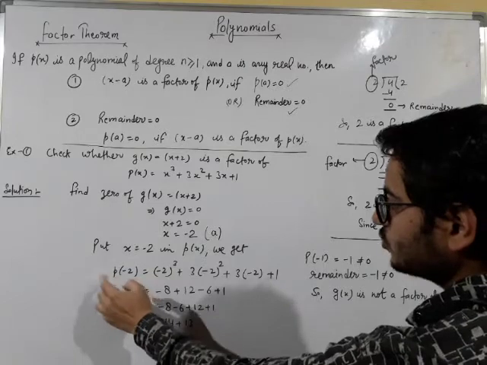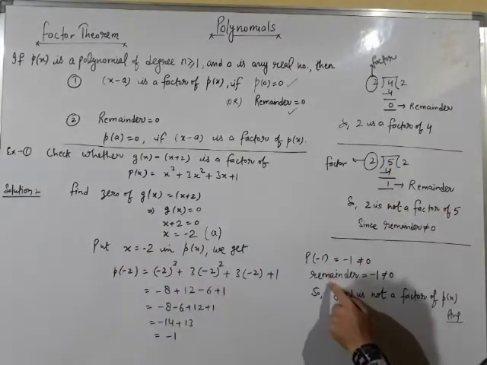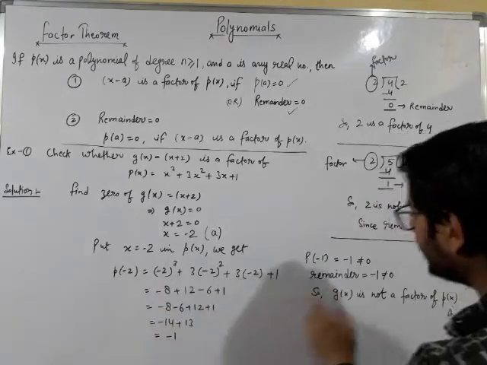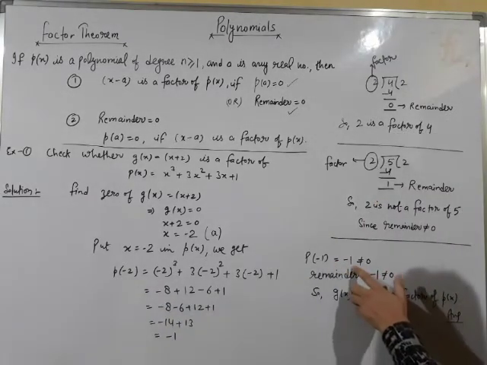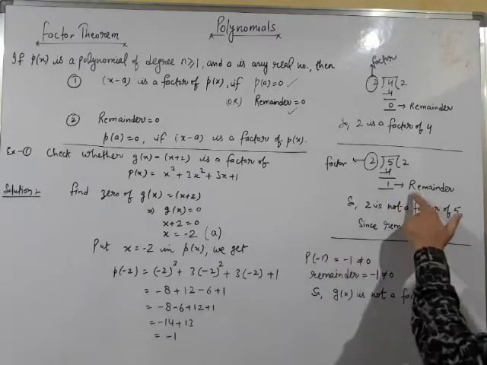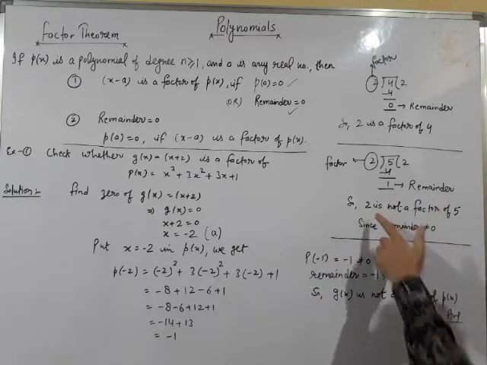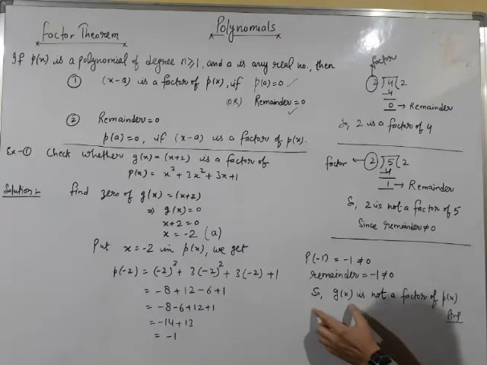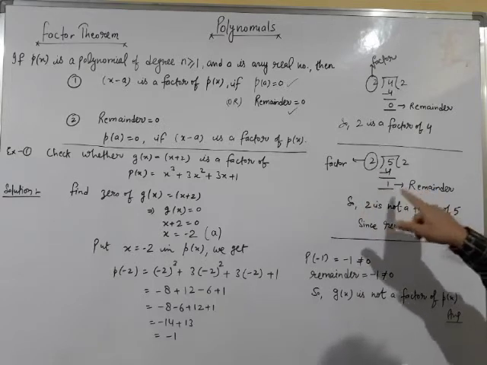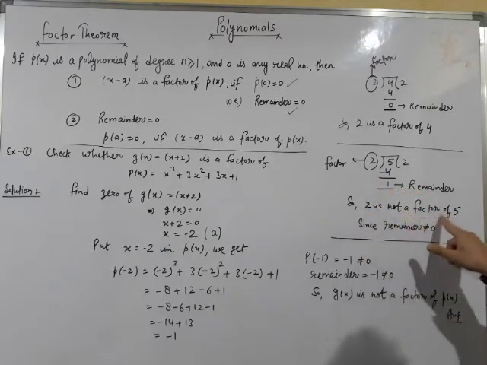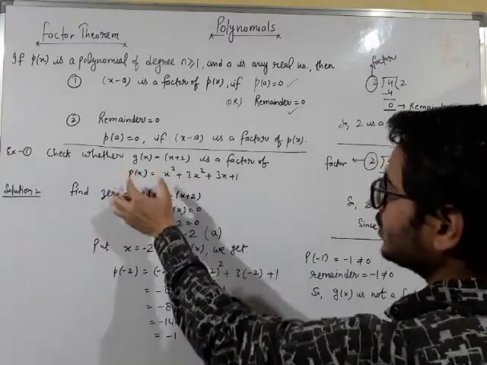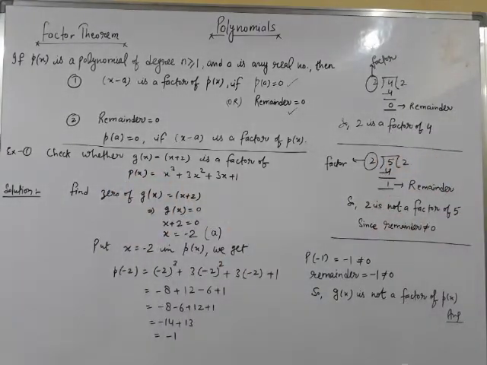What is p(minus 2)? It is the remainder, and we find here that the remainder is equal to minus 1. And if the remainder is not equal to 0, then it is not a factor. Therefore g(x) is not a factor of p(x). Like in the earlier example, when we got remainder 1, then 2 is not a factor. Here the remainder is minus 1, therefore g(x) will not be a factor of p(x).